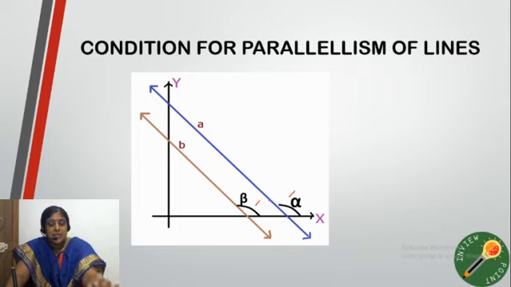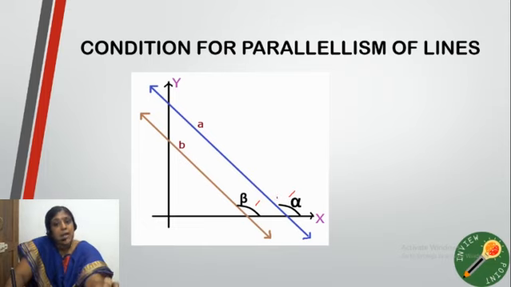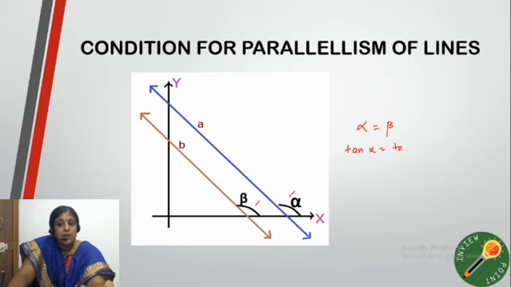We can see here that both the lines A and B are parallel to each other, right? So we can say that alpha is equal to beta. Since these lines are parallel to each other, alpha is equal to beta. So take tan on both sides, then we'll get tan alpha is equal to tan beta, right? What is tan alpha?